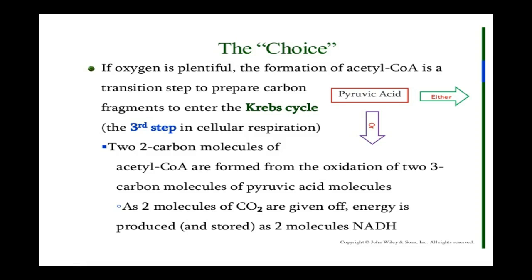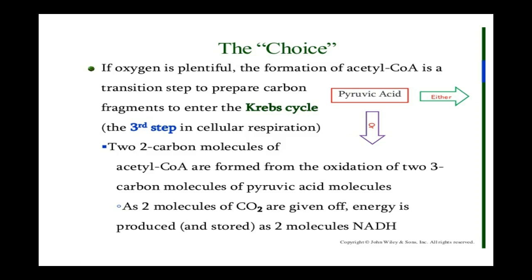It becomes a 2-carbon molecule. So the acetyl-CoA is actually a 2-carbon molecule at that point, from the oxidation of the 3-carbon molecule of pyruvic acid. 2 molecules of carbon dioxide are given off, and then 2 molecules of NAD are produced.